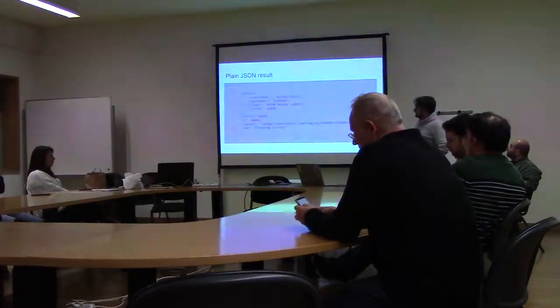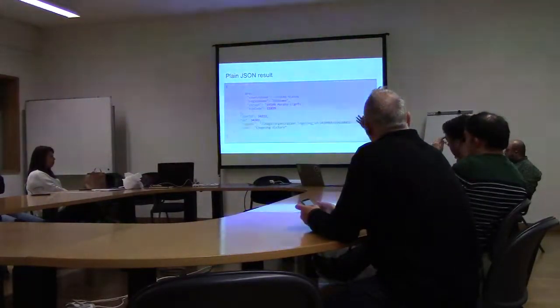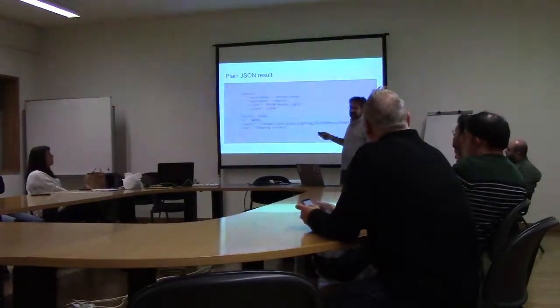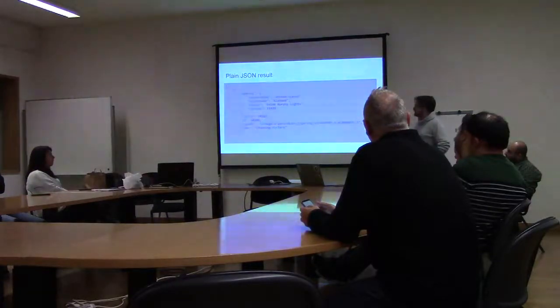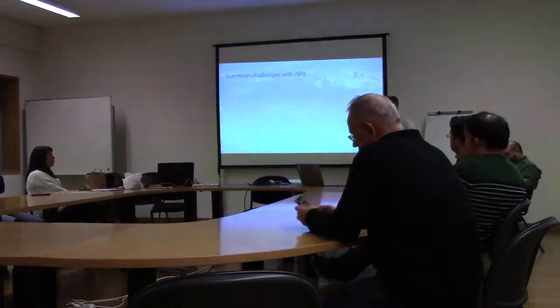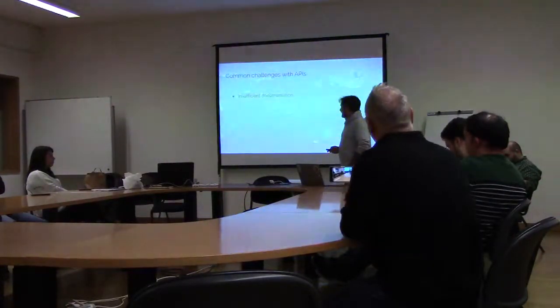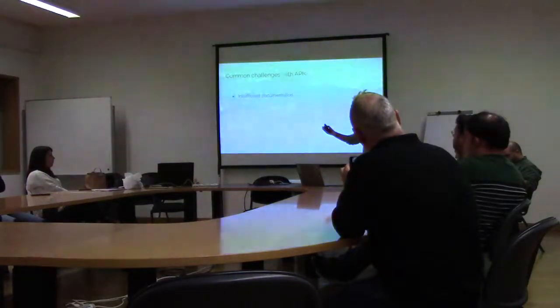So the problem with this is the usual way that we are writing REST services right now. We are just returning JSON objects, and this has a number of challenges when APIs are designed this way. The first one is we need to create documentation to know how we are going to use those APIs.